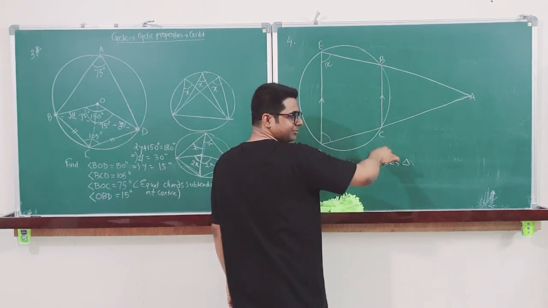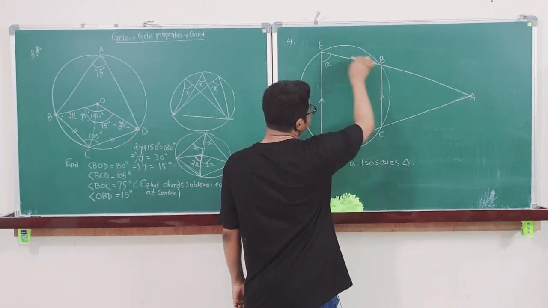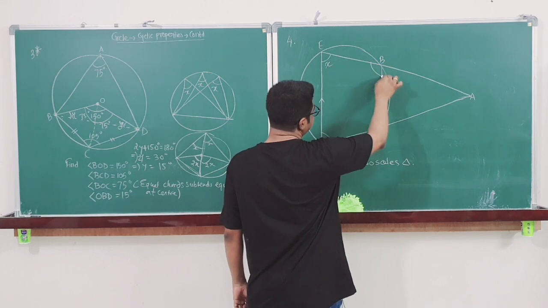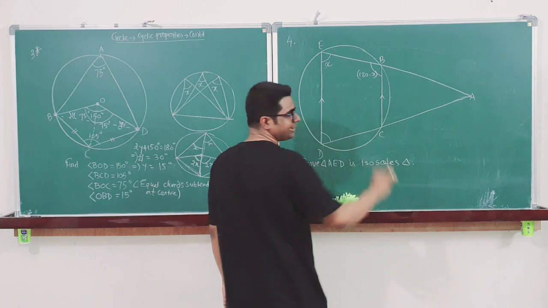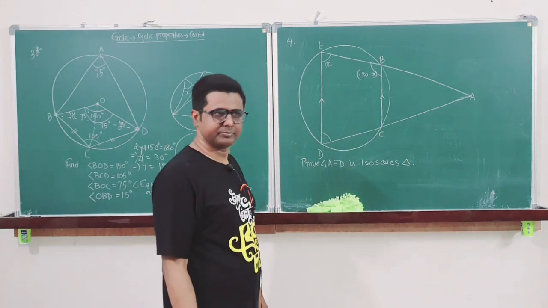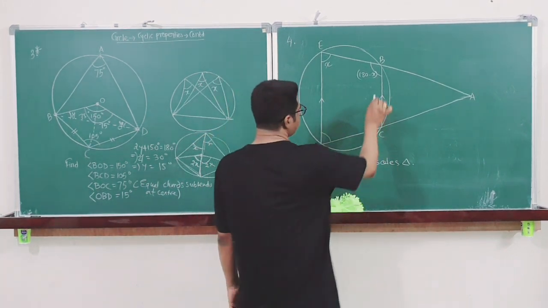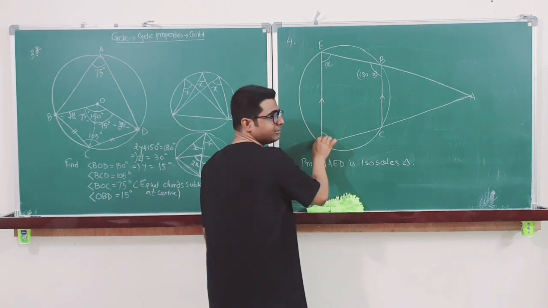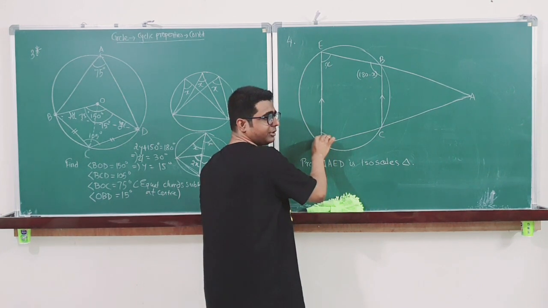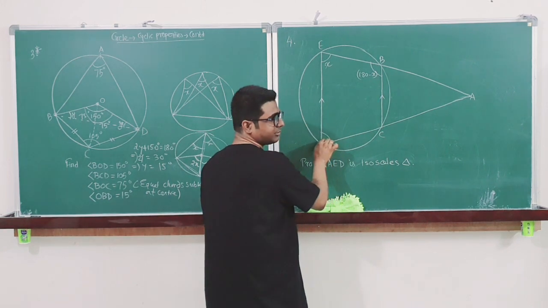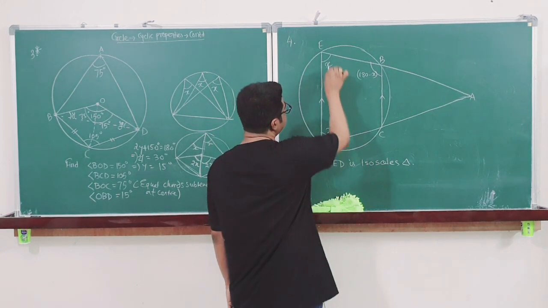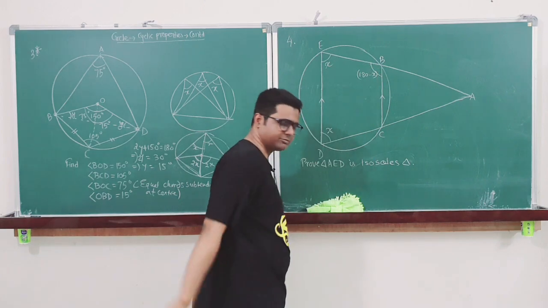If this is parallel and this is the transversal, then what will be this angle? 180 minus X, co-interior angles. And this angle and this angle is supplementary. So if this is 180 minus X, then this will be X. So this is also X, this is also X.